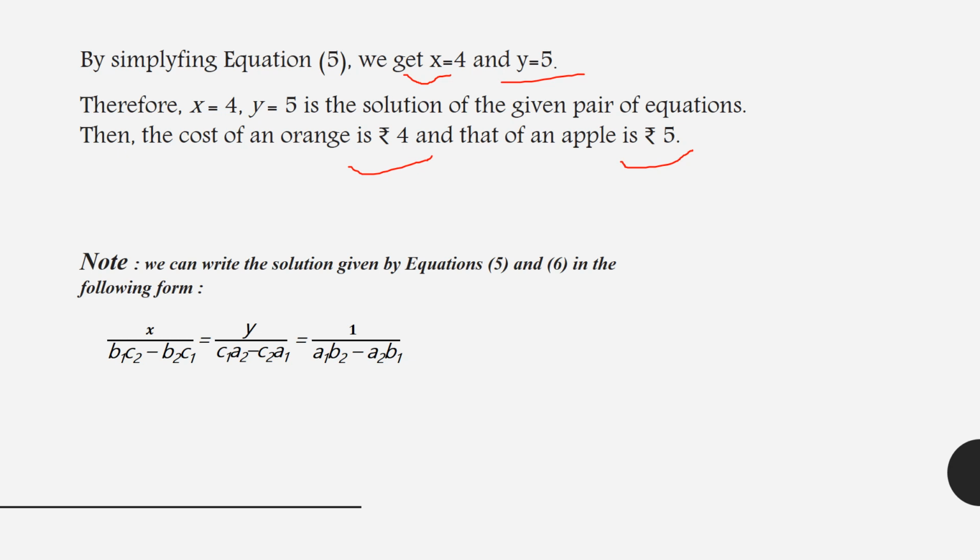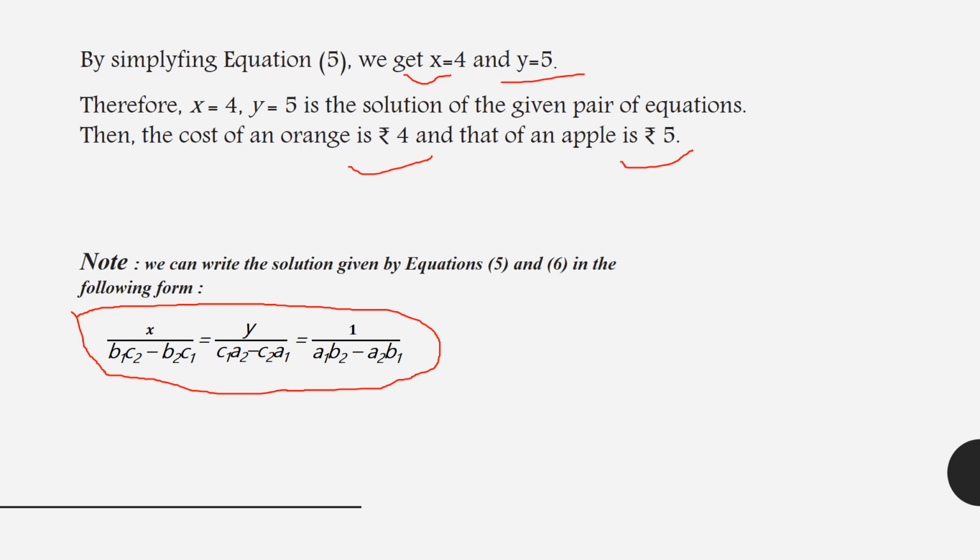Now some tricks are here. If we can remember this formula, x by b1 c2 minus b2 c1 equal to y by c1 a2 minus c2 a1 equal to 1 by a1 b2 minus a2 b1, we can directly find x and y from this expression.